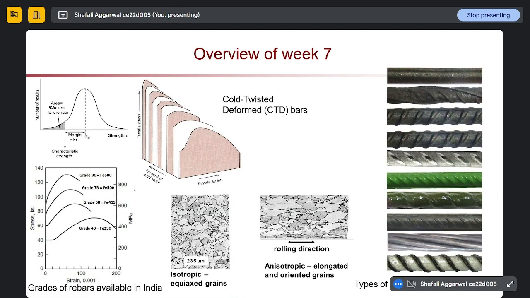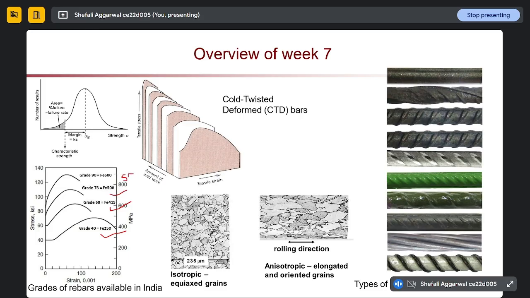Other thing is, firstly, what are the different grades of rebars available in India? If you see from this diagram, usually we have Fe250, which we call mild steel. Then we have high yield strength deformed bars, HYSD bars, mainly which we are using nowadays in India: 415, 500 and 550.